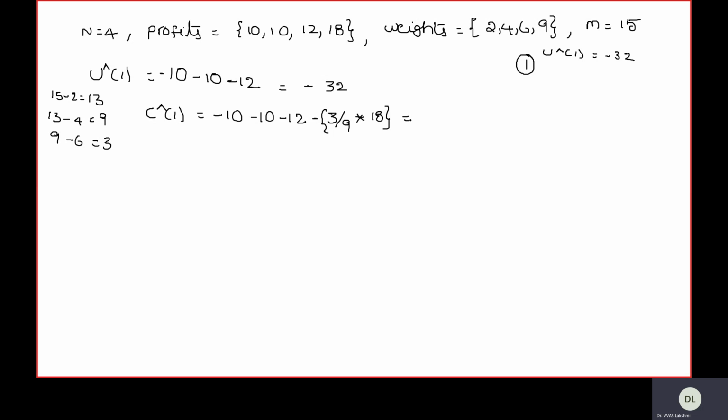So the value of this one is minus 38. So lower bound of 1 is equal to minus 38.